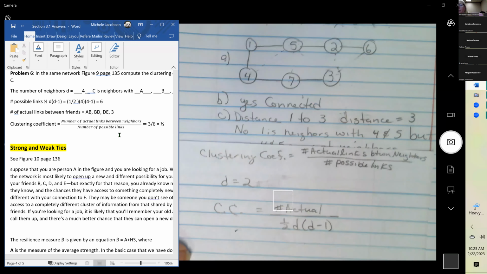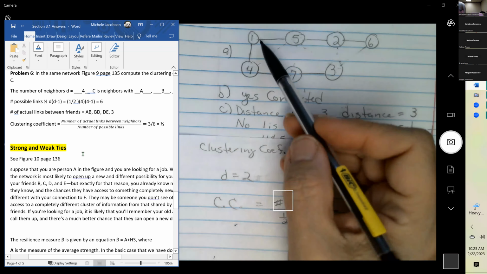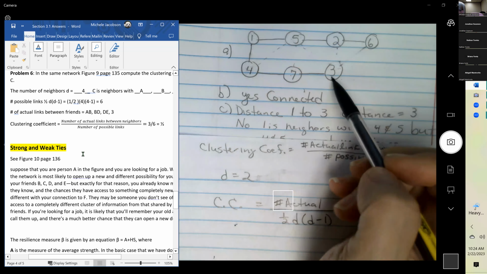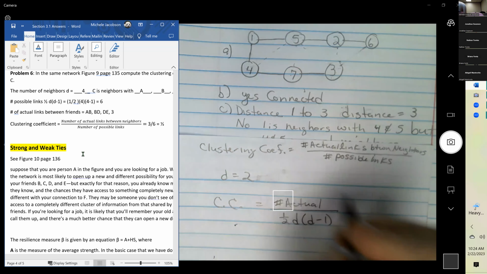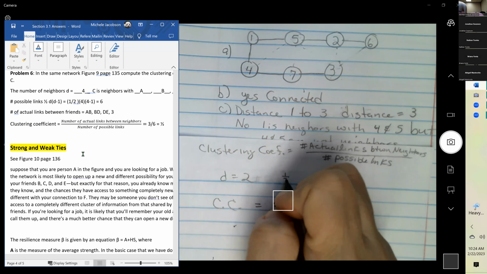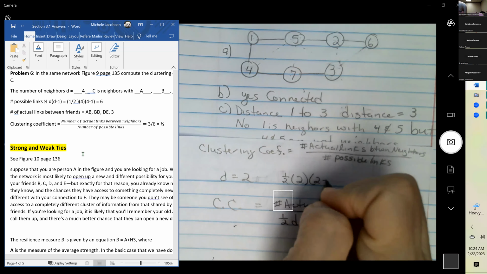Right here, the possible links is 1/2 D times D minus 1. Now you could also think possible links would be linked to all of these, 1, 2, 3, 4, 5, 6. But it's 1/2 times 2 times 2 minus 1.